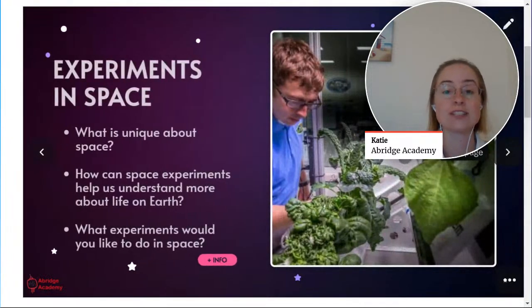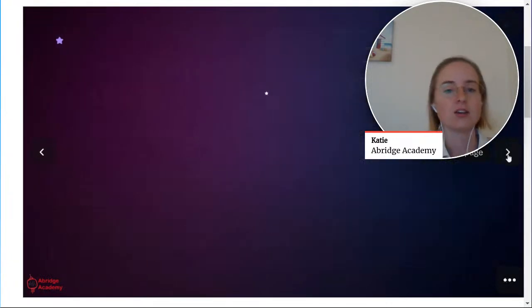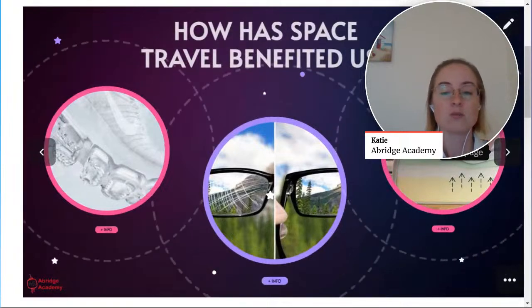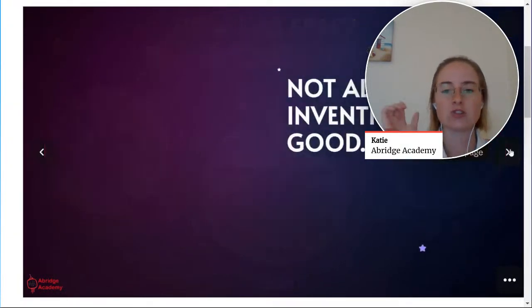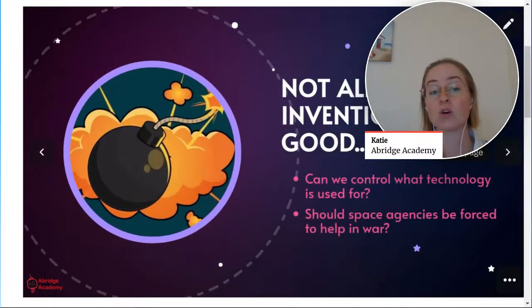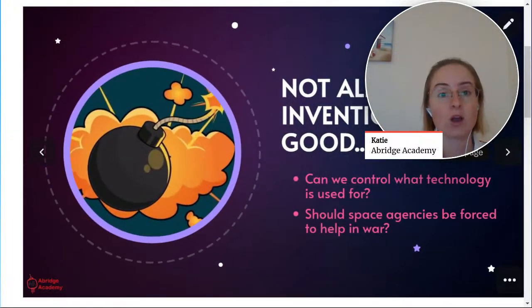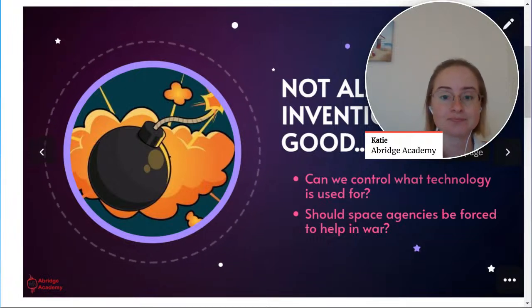There are more discussion questions here, talking about the benefits of space travel, and you can click on each of these to find more details. There's lots you can click on and explore in depth if you want to, or you can skim through quite quickly depending on how much time you have in the class and how much your students would like to talk about it.